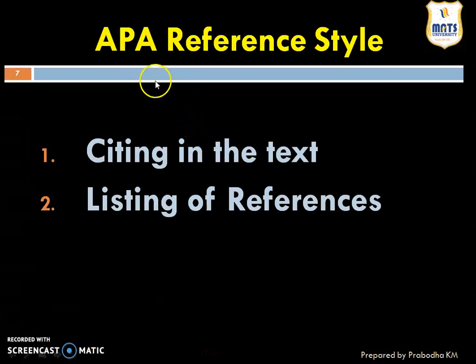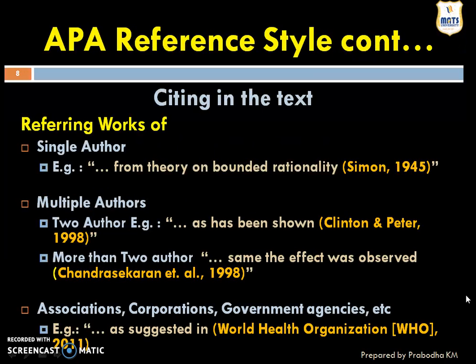Focusing on one reference style, that is the APA reference style, we have already learned that it includes citing in the text and listing of references. We will learn these two things separately. First one, citing in the text. While referring to any work in our scientific article, the work may be written by a single author, it may be a multiple author work, or it may be work from an association, corporation or government agency.